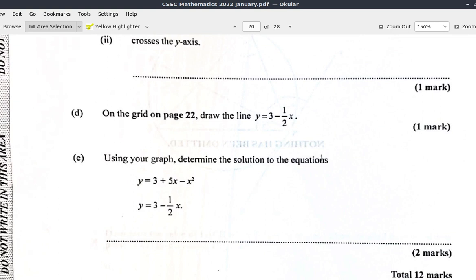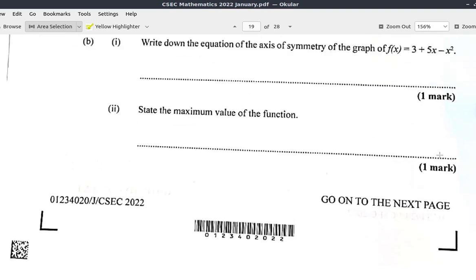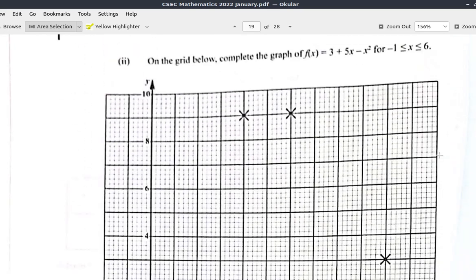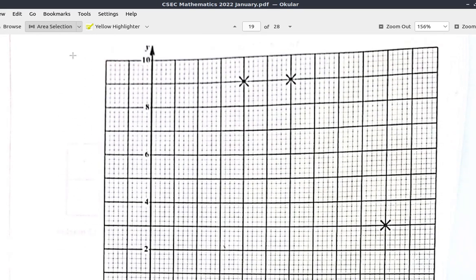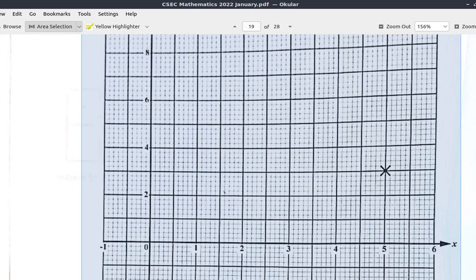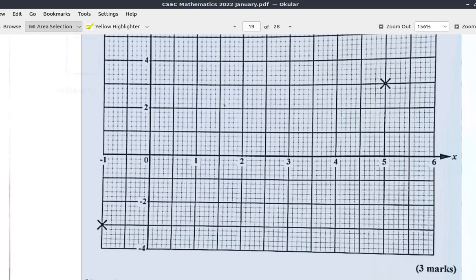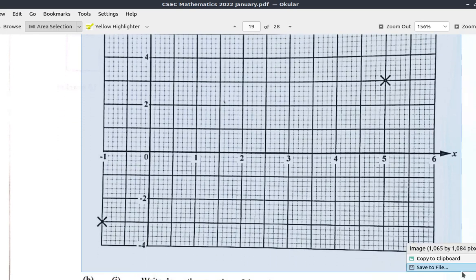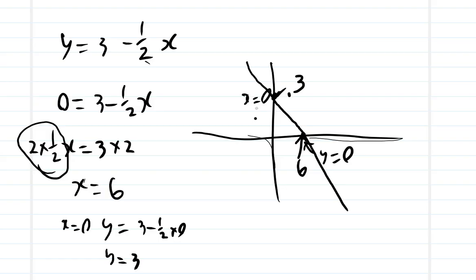We had the graph before, but I'm going to have to do some redrawing of the graph. Let's redraw this graph. Let's copy it and paste it over here.